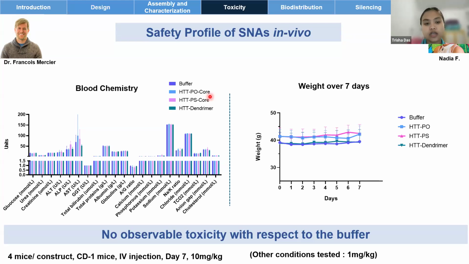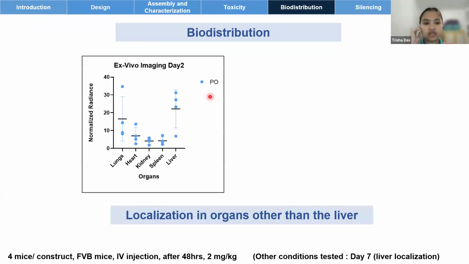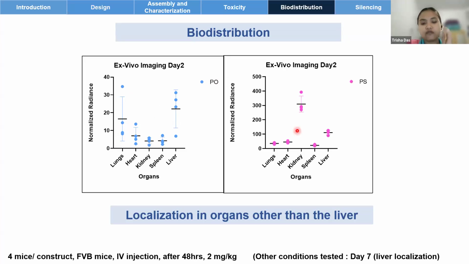In the next part, we looked at the biodistribution of the structures. For the one with the PO core, we can see that they go to the liver, which is the typical bottleneck for nanoparticle distribution, but we are very happy to see that we also see some lung accumulation as well as some heart accumulation. For our PS, where we have one oxygen replaced with sulfur, we see that it goes to the kidneys.